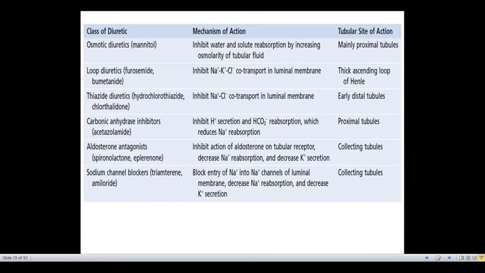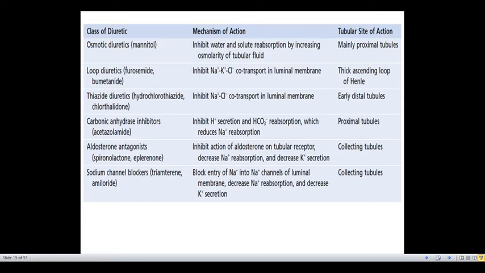Loop diuretics inhibit sodium potassium chloride co-transport in the luminal membrane, mainly in the thick ascending loop of Henle. Thiazide diuretics inhibit sodium chloride co-transport in the luminal membrane in the early distal tubules.